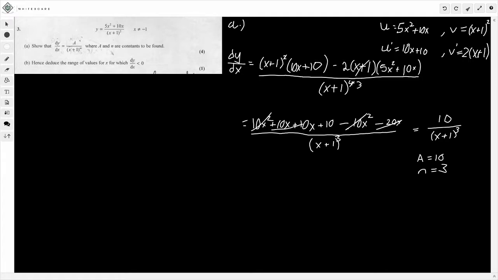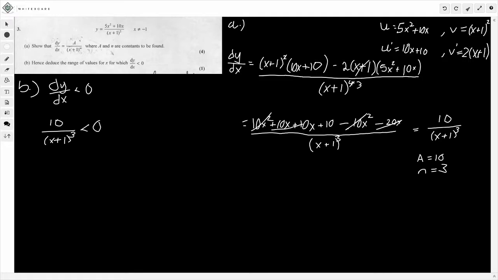So, how do we do a question like this? Well, we need to know where dy by dx is less than 0. So, where is this less than 0? Well, dy by dx is this that we've just worked out. So, where is 10 divided by x plus 1 all cubed less than 0?